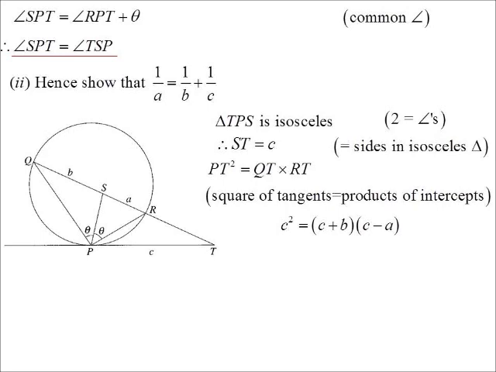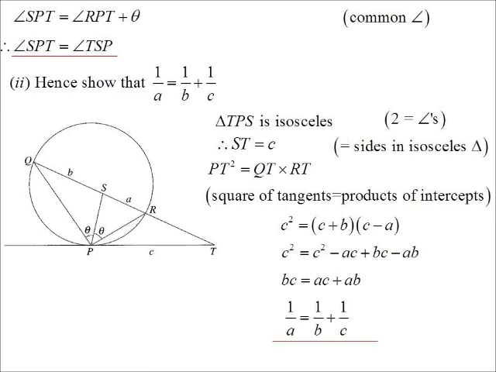So we have C plus B, C minus A. Expanding out the right-hand side, cancelling the C squareds, I now have BC is equal to AC plus AB. So I actually now have the result. You might not see it, but all I got to do is divide everything by ABC. Divide everything by ABC, and BC becomes 1 on A, AC becomes 1 on B, and AB becomes 1 on C.